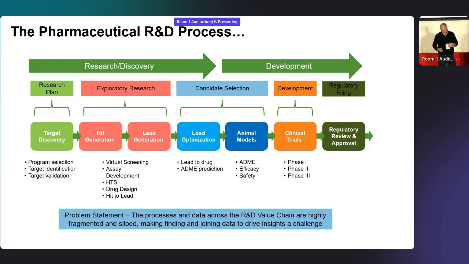That is a very significant undertaking, and it requires data to be connected and findable and usable throughout. And so this problem statement at the bottom: processing data across our value chain, highly fragmented, highly siloed, making finding and joining data to drive insights a challenge. Now we want to layer generative AI over the top of all that mess.